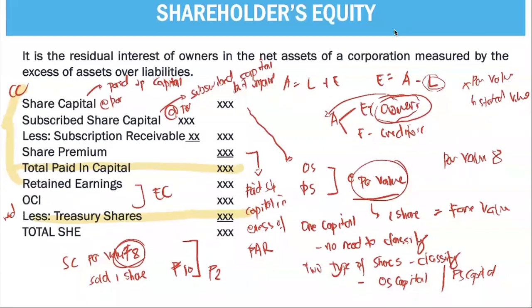Treasury shares are a reduction to your contributed capital. After that, we can now get your total SHE. So these are the items that we will discuss in your shareholders equity. What are the treatments among these items? As we go through, we must learn how to treat all of these items inside your total shareholders equity.